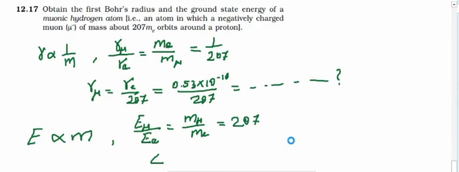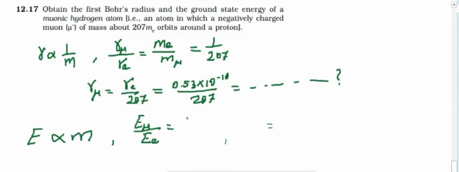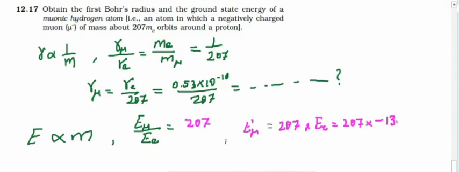And the energy is equal to minus 13.6. So E mu is equal to 207 into minus 13.6 electron volt.